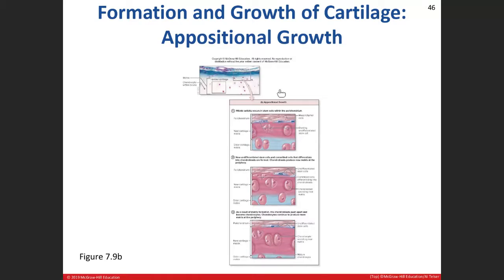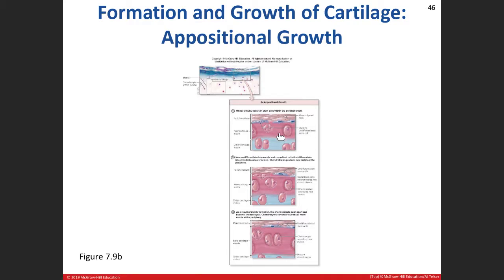You can see on our first slide here, up here are the mesenchymal cells. We know what the mesenchymal cells are. Those are like the stem cells, and they reside in the perichondrium. So the mesenchymal cell will divide and produce a new chondroblast, our new cartilage cells.